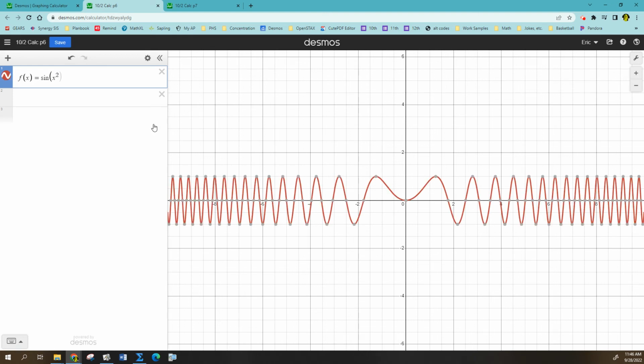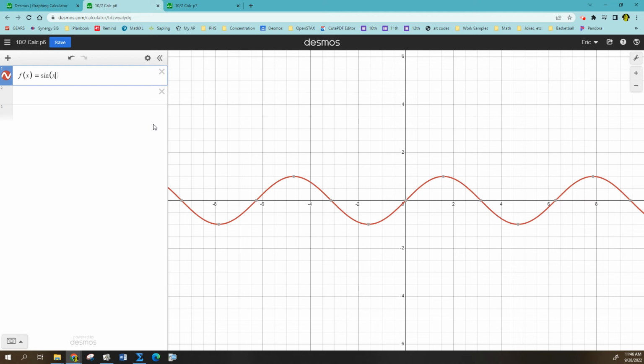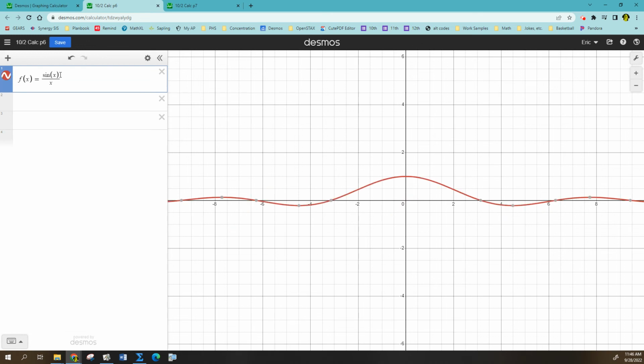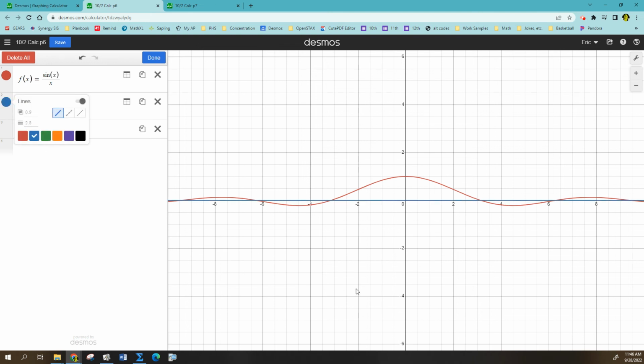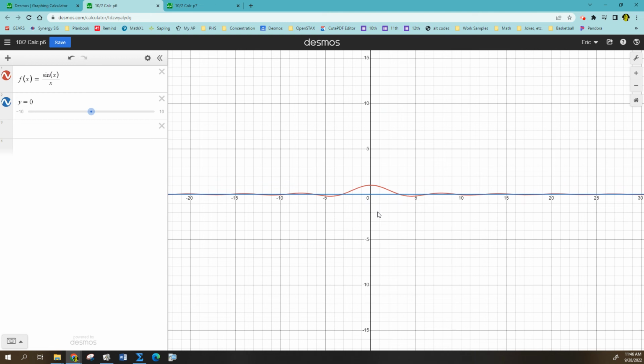Or I could even just do sine x over x. I don't even have to do sine x squared. Sine x over x. Right? So isn't the asymptote there y equals 0? It's going to cross that asymptote an infinite number of times, but it's always going to get closer and closer to it as you move further away to the left and the right.